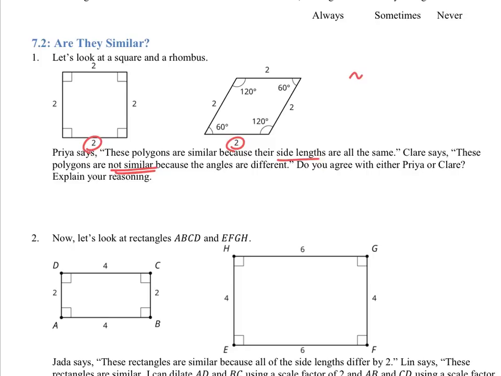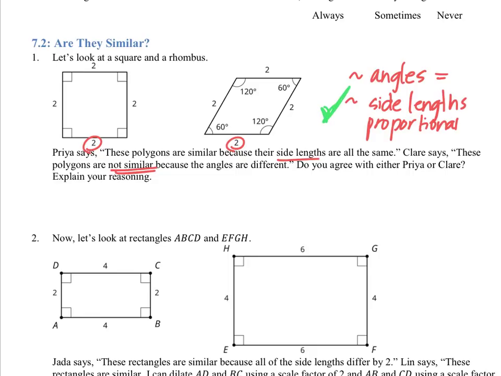We need to note that corresponding angles are equal. They do not change between similar figures. We also need to note that side lengths need to be proportional, which means that if I set up a ratio of sides, I can get a scale factor that is consistent between both figures. The sides being proportional is what Priya's hitting on.